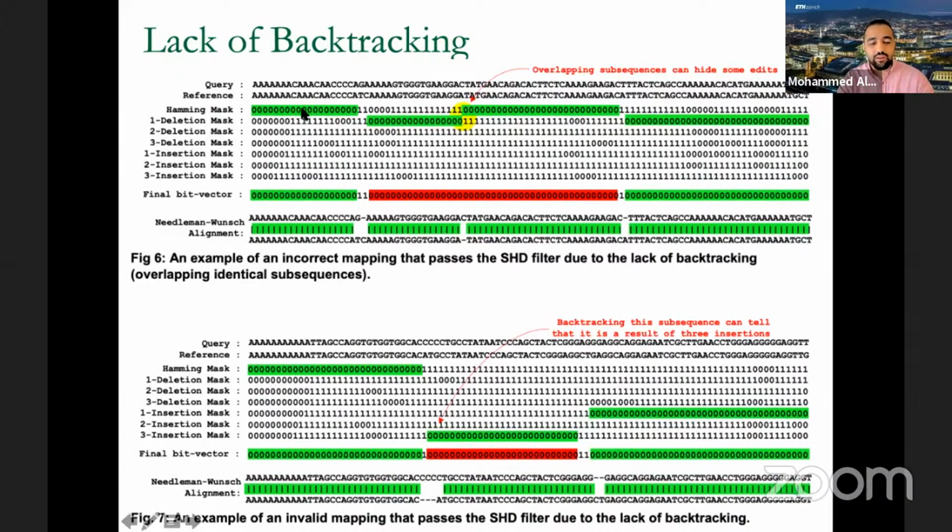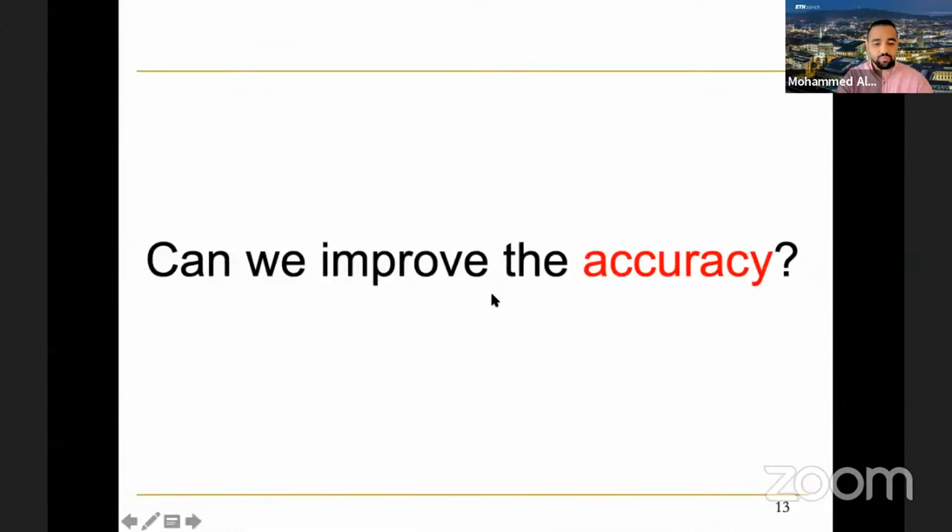Now, if we backtrace these green segments, if we really check which mask has those green segments, then we can have an idea similar to the things I was explaining. So if we move from one mask to another, then there is a deletion. If we move from here to there, then it should be insertion, even if we don't get 1. Even if there is no 1 over there, we know that it's an insertion since the segment now appears on the Hamming mask. So that can be a solution for this, for example.